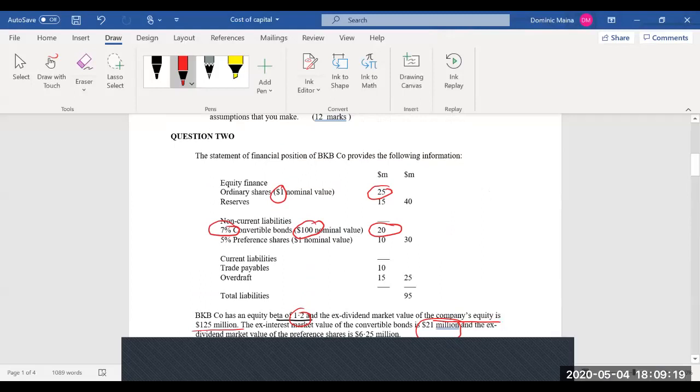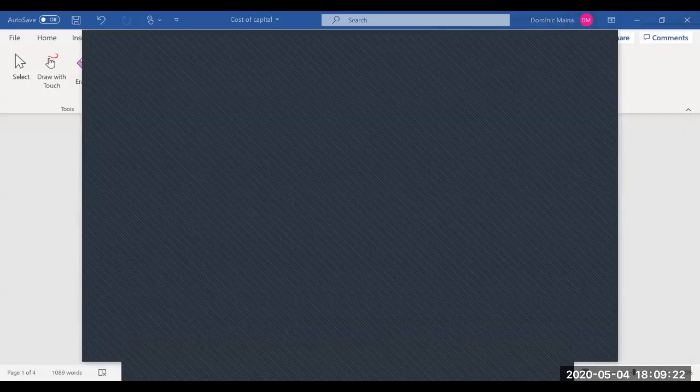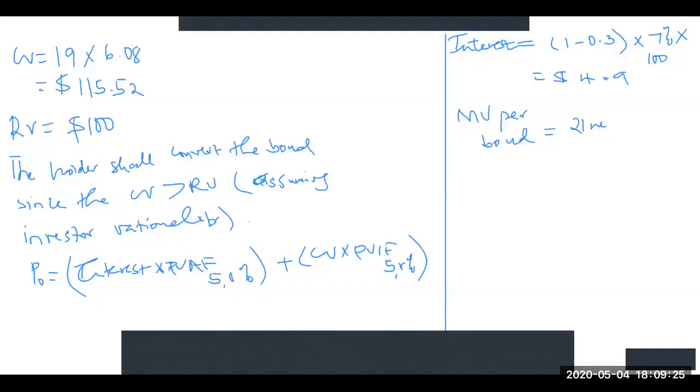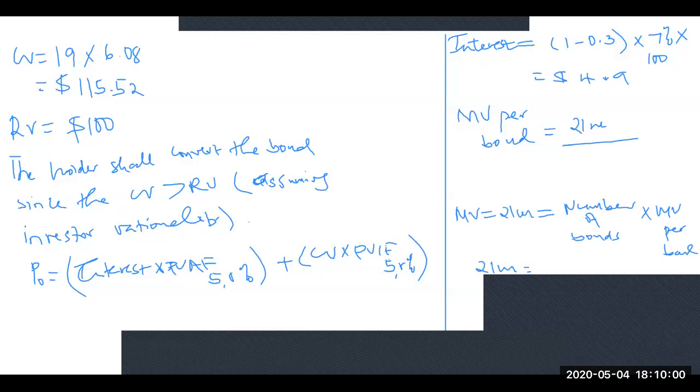Going back here, to make it easy, the market value of bonds of this company, which is 21 million, is equal to the number of bonds multiplied by the market value per bond.